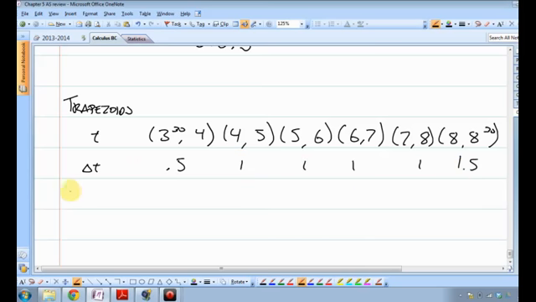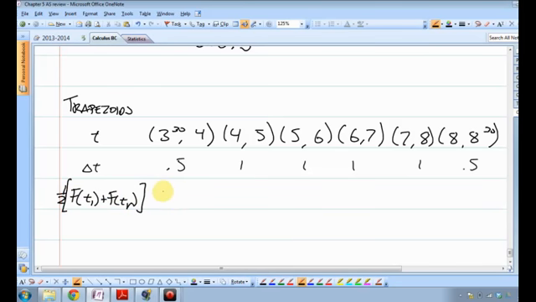Why does that work? Half of f of tL plus f of tR.